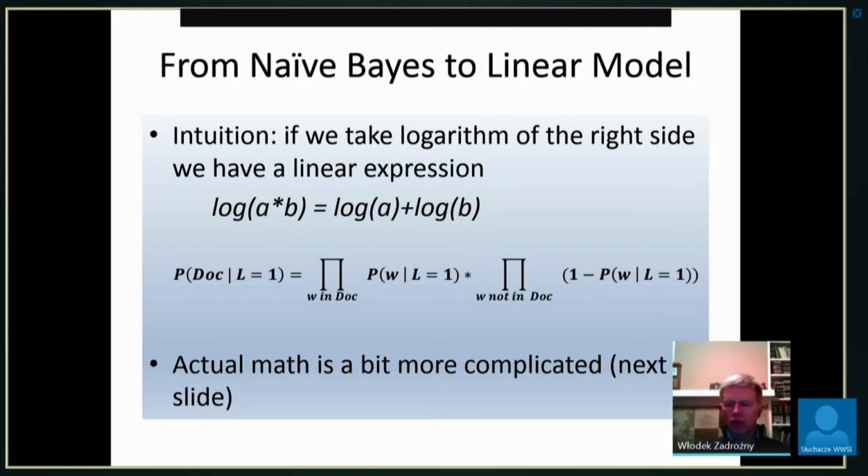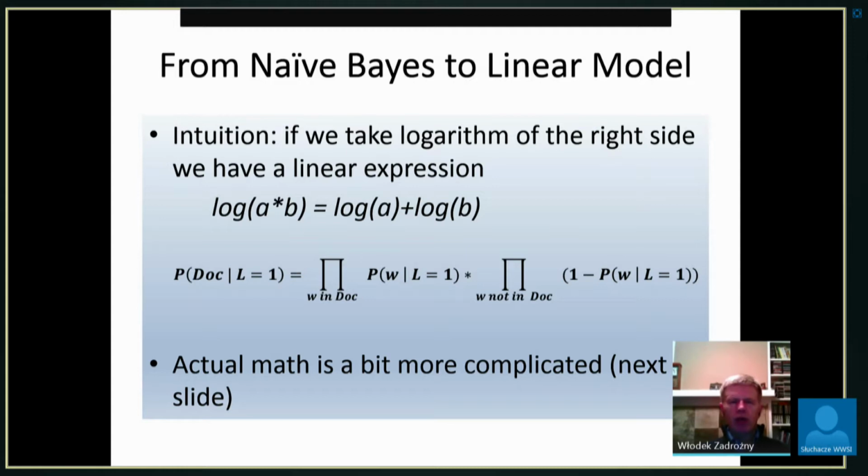We would like to go to a more general collection of classifiers, forming the so-called linear model. The intuition here is the following: if we look at the naive Bayes formula, we have this product of probabilities and product of complements of probabilities.